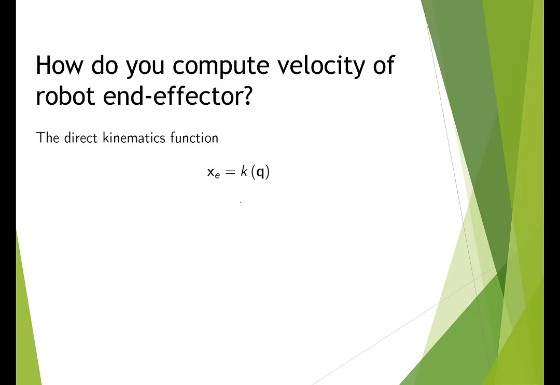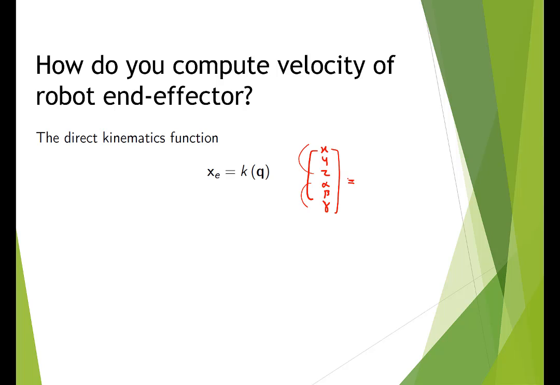The forward kinematic equations are given as something like this, where the robot end effector can have several parameters. If you're interested in position, it is given by x, y, z. If we're interested in orientation as well, we can get it using three Euler angles.